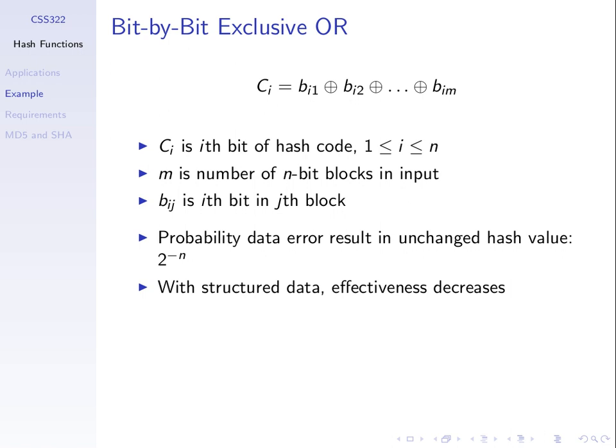Fourth block, first bit is 0. What do you get? 0. I think so. Just XOR those 4 values, and that becomes the first bit of our hash code.